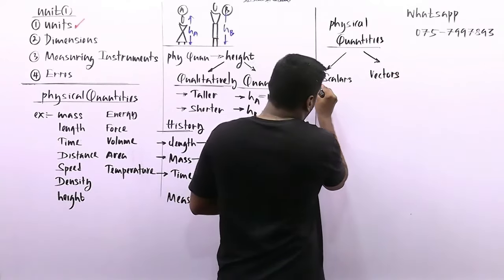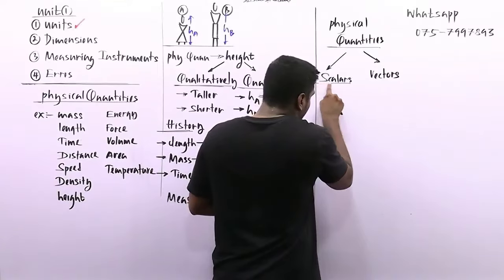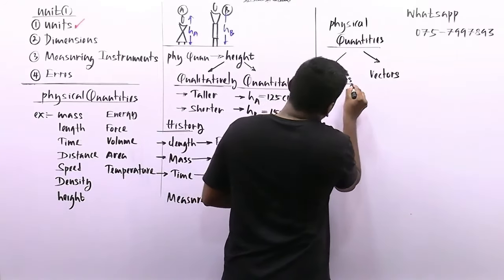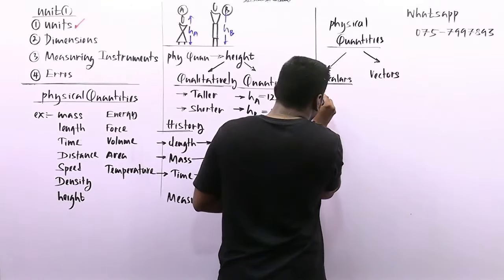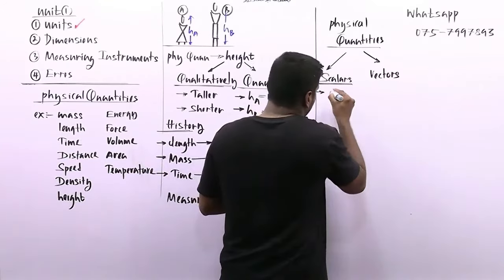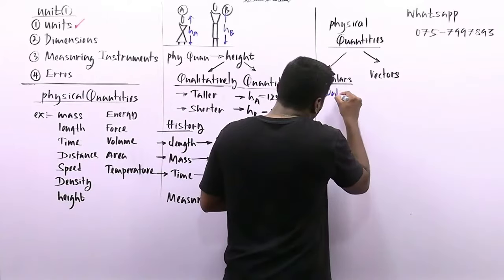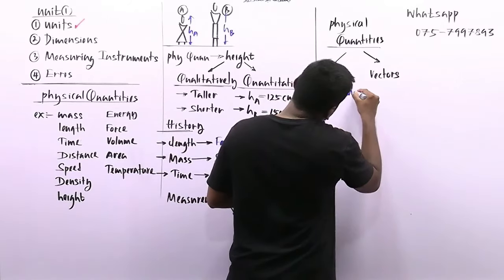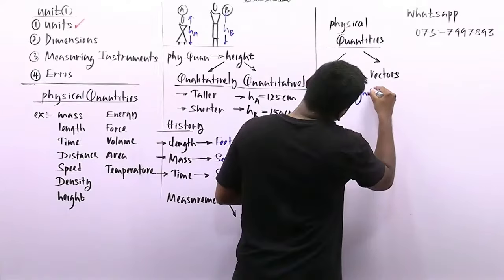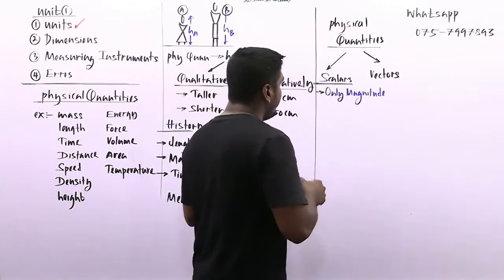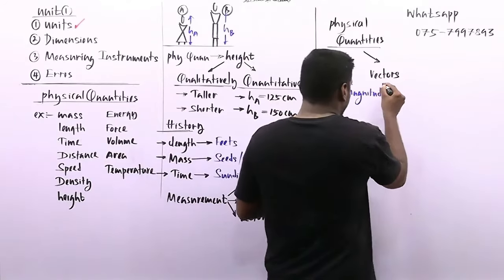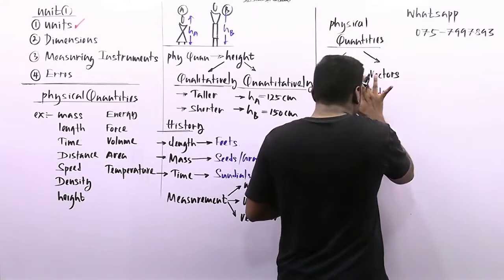Then what is the important point? How to differentiate a vector and a scalar? A physical quantity which only has a magnitude is a scalar. What is a vector? Vectors are physical quantities which have both magnitude and direction.